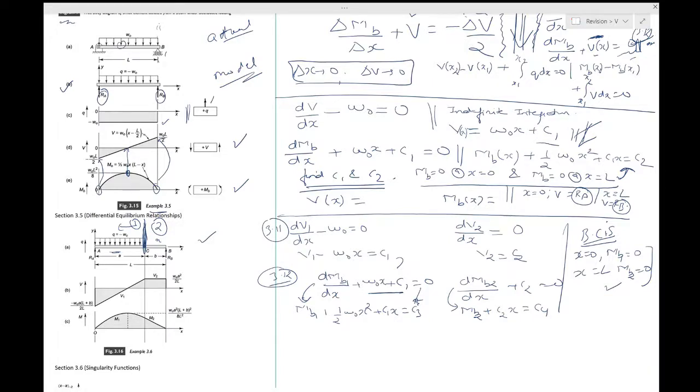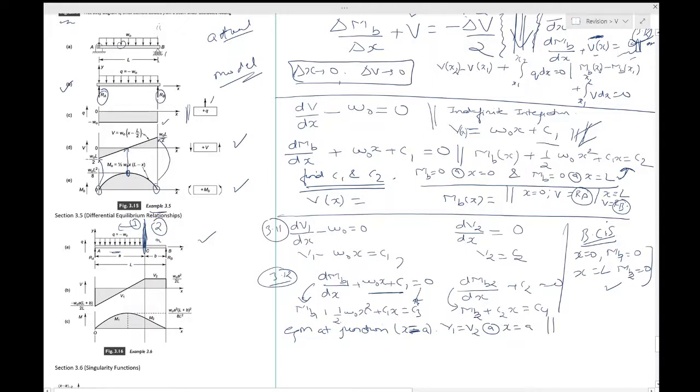For this, you have to follow the equilibrium requirements at the junction. So equilibrium at the junction for the remaining two constants. The junction is x equal to a. Because x equal to a is still an internal point of the beam, v1 must be equal to v2 at x equal to a.